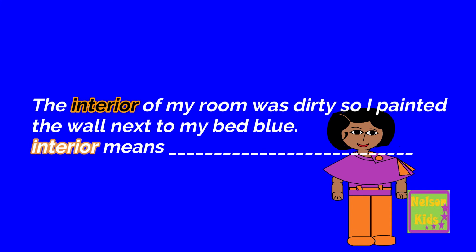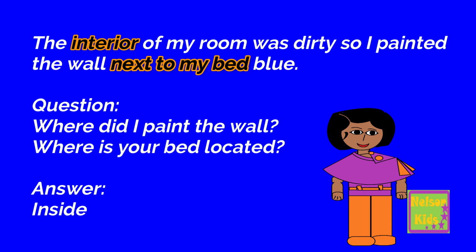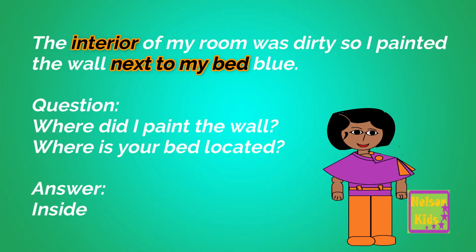I painted the wall. But where did I paint the wall? I painted the wall next to my bed. Where is my bed? So I've asked the question, where? My bed is on the inside. So therefore, the interior of the room can mean a place that is inside. So interior can mean inside.